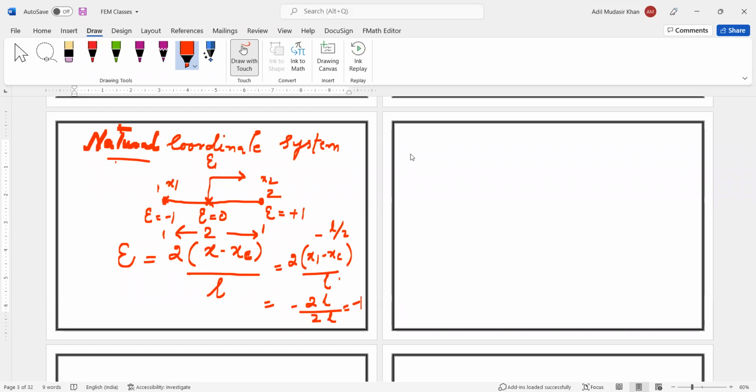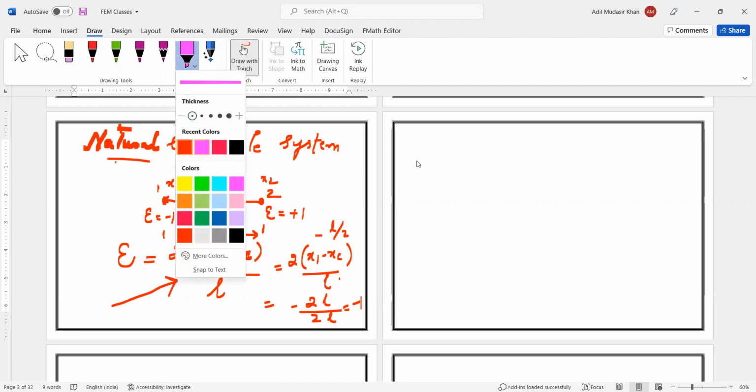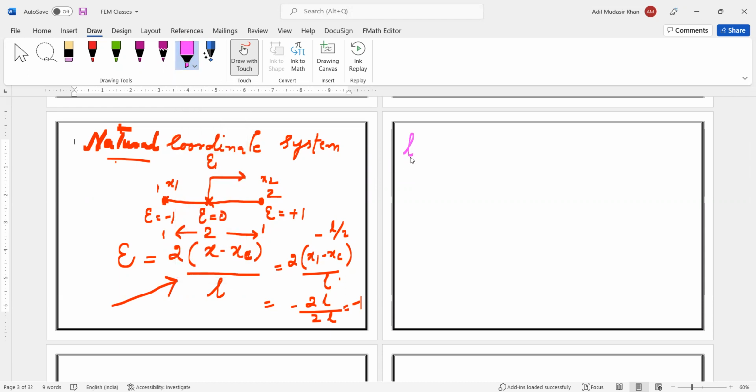Similarly, if we are defining our natural coordinate system by this formula, then we will write the Lagrangian normalized polynomial in terms of zeta now.